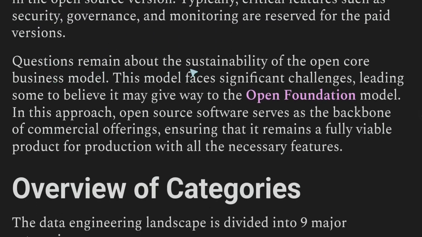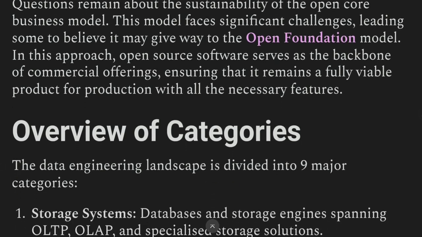Questions remain about the sustainability of the open core business model. This model faces significant challenges, leading some to believe it may give way to the open foundation model. In this approach, open source software serves as the backbone of commercial offerings, ensuring that it remains a fully viable product for production.